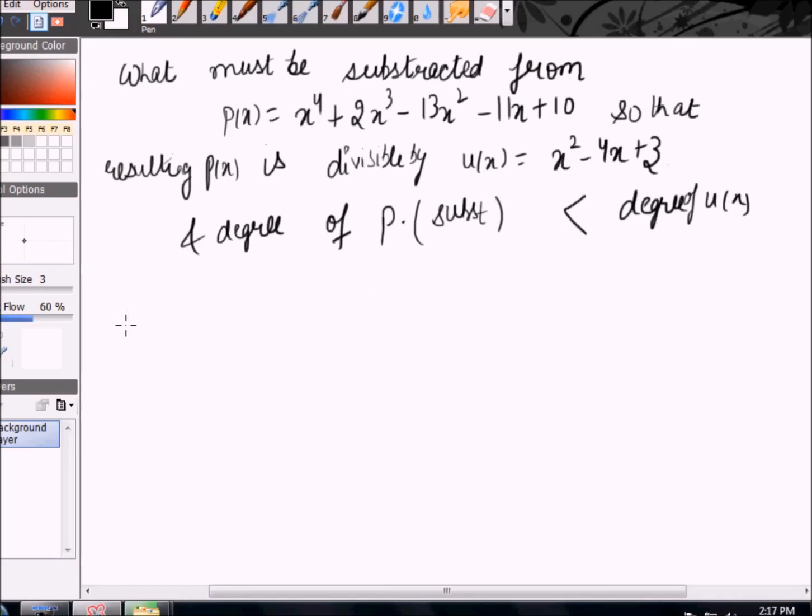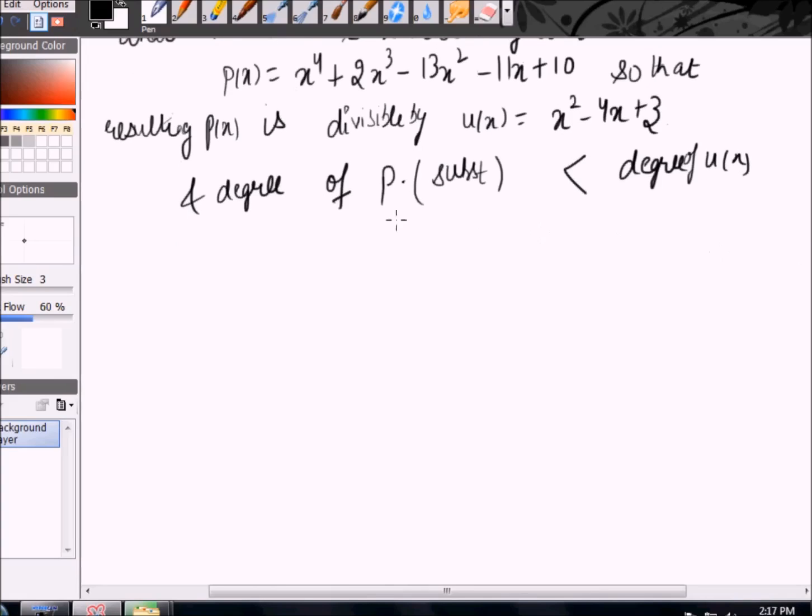Friends, to solve such a question, first of all, the basic model we use will be to divide this polynomial by u(x), the given polynomial. That is, we can write p(x) equal to u(x) into some quotient plus remainder.